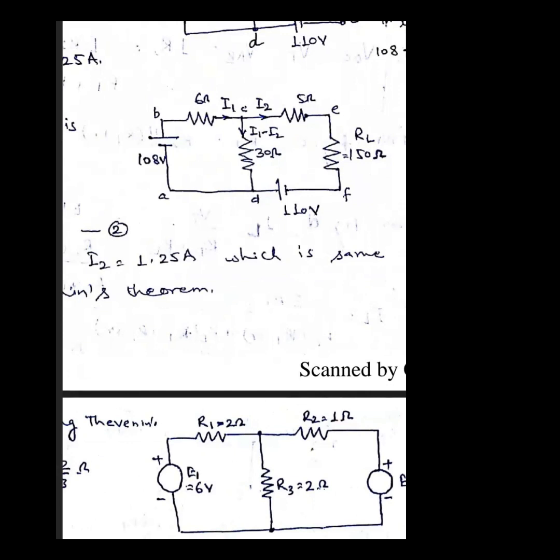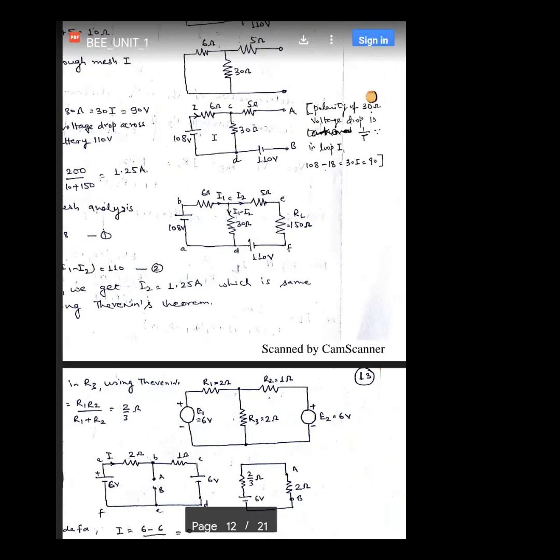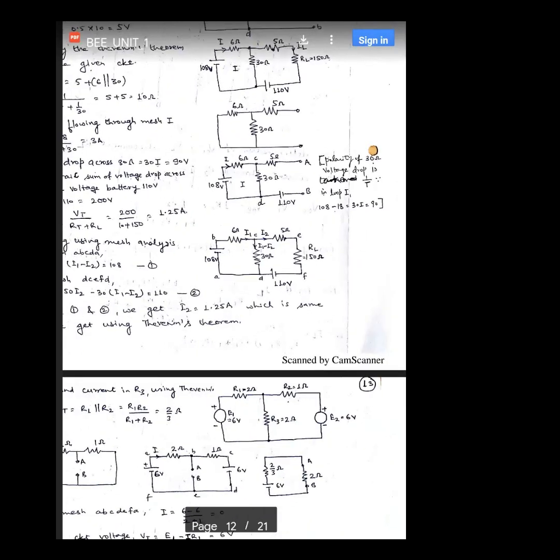So we will calculate the current flowing in these two meshes. In the first mesh, let us suppose that the current I1 is flowing. Okay, so when the current I1 is flowing, what happens at C junction?